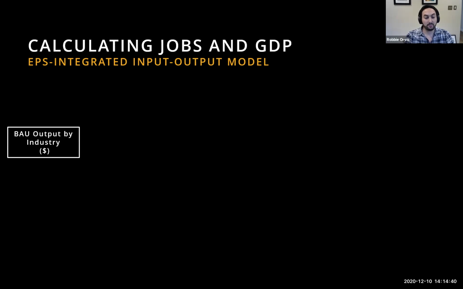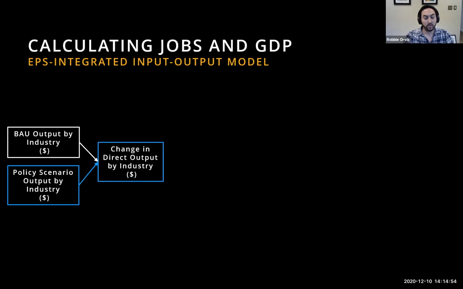To start with, we take BAU output by industry. So this is the amount of goods in dollars produced by industries in the US. We then have a policy scenario where we've been layering on policies, and we have the output from industry in that policy scenario. We can use this to estimate the change in direct output by industry.